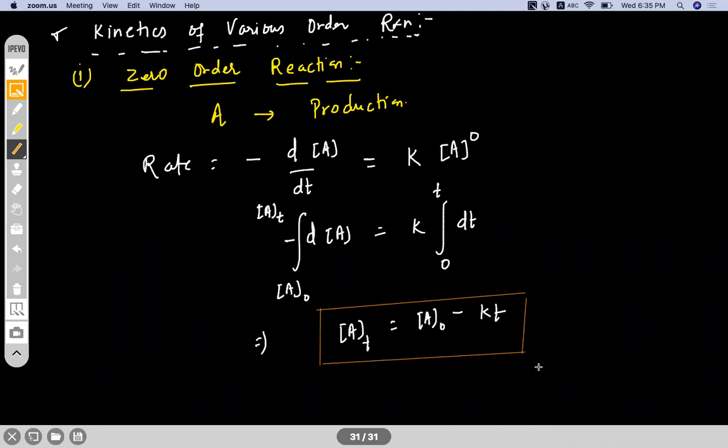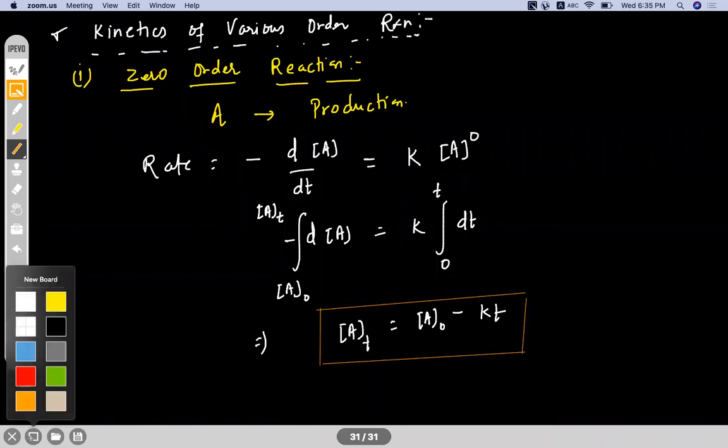Now the important thing here is, you see, the rate of the reaction is constant. It is not varying with concentration, because we have concentration to the power 0. So it is independent of the concentration term.